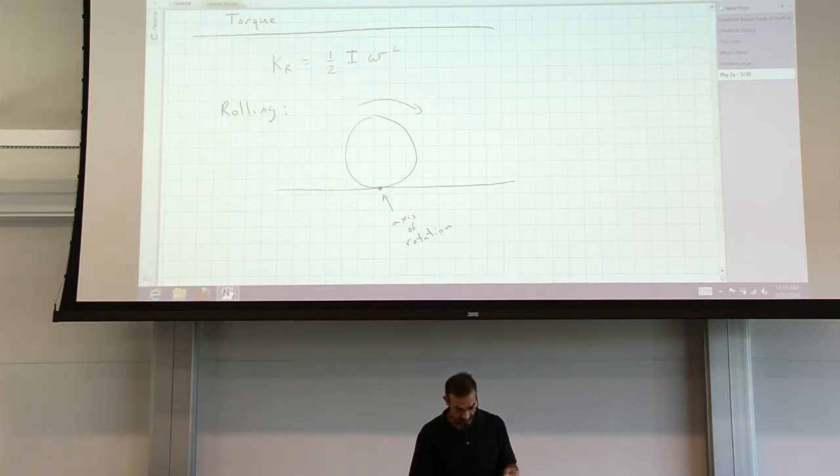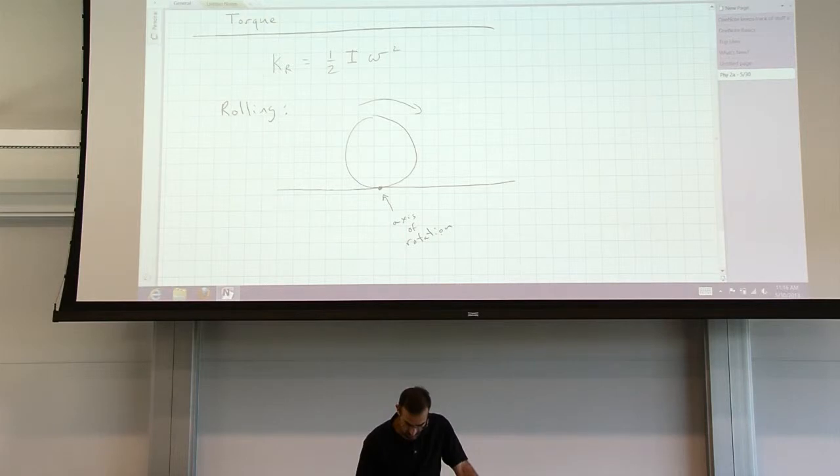But there's an easier way because we know there's this link between the motion of the center of mass and when something's rolling and the rotational speed. We can view it this way. So this is what's really happening, right? It's pivoting on this bottom point. So what's the velocity of the bottom point?